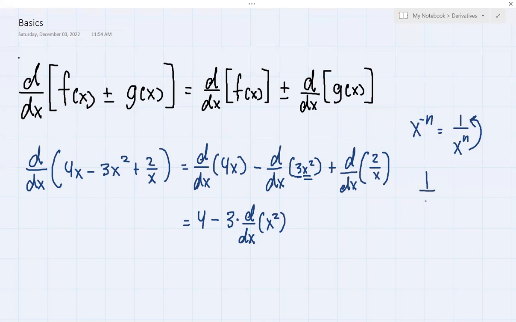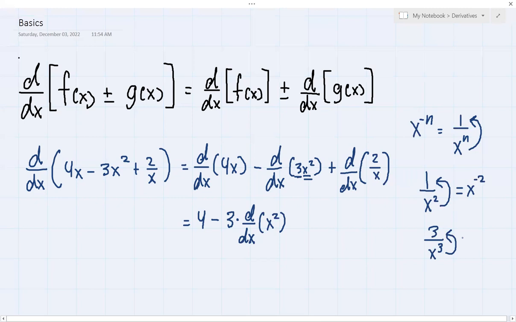Parang ganito yun eh. Di ba meron tayong 1 all over x squared. Gusto kong itaas si x squared. So ano mangyayari ron? We will have x pa rin, pero magiging negative yung exponent niya. Kapag gusto ko ng 3 all over x cube, gusto kong itaas si x cube. So ano mangyayari? We will have 3x, ganun pa rin, pero yung sign niya ay mababago.